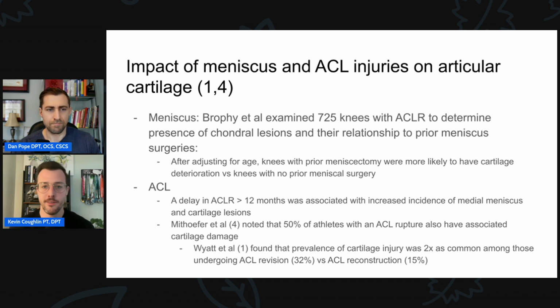So having one ACL surgery probably puts you at risk for some type of cartilage damage, but then re-injuring and having another one is going to put you at even more risk. So when you see people who have had 2, 3, 4 plus surgeries on one knee, more and more of the time we should just assume that there's some cartilage damage as well.